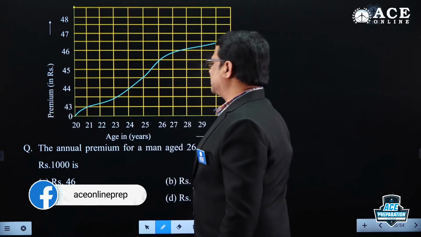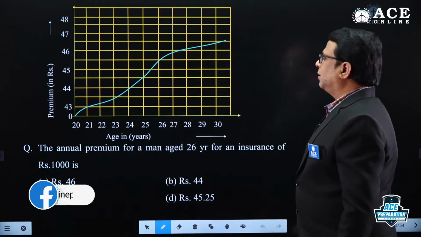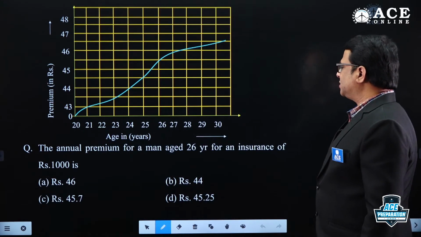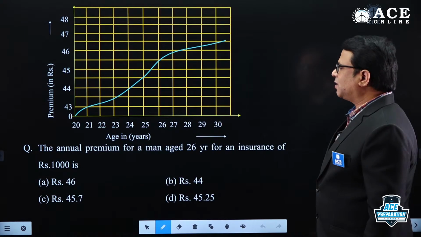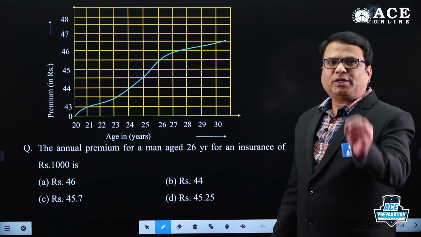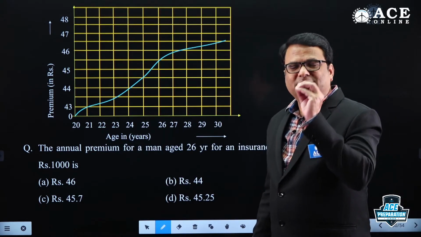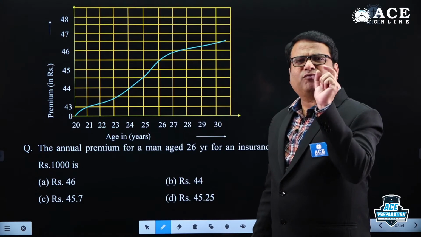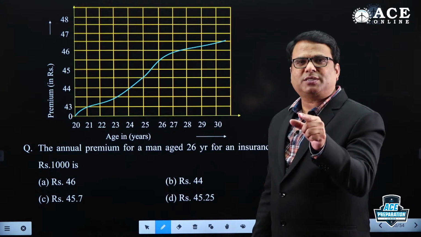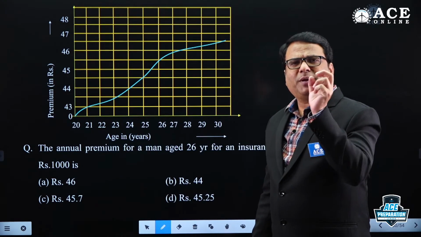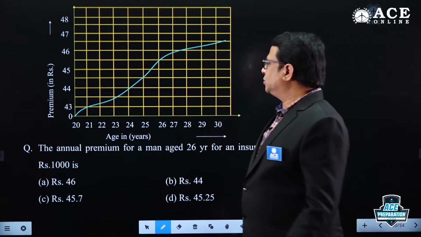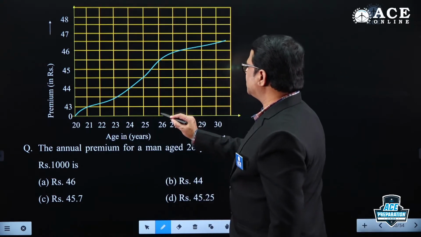Okay. Now, let us go through the question. The annual premium for a man aged 26 years for an insurance of 1000 rupees. So, a 26-year-old person should pay how much premium for an insurance of 1000 rupees? So, this is 26.